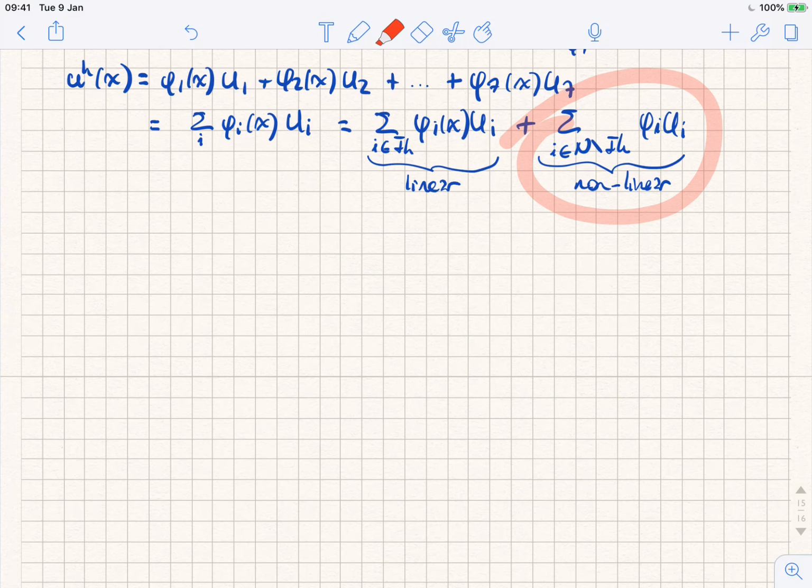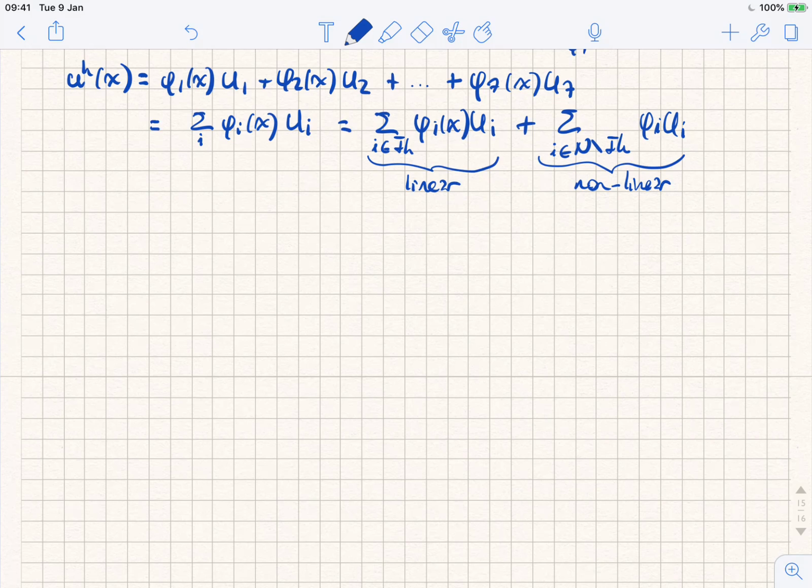You can think of it as adding something to an approximation that is going to help you reduce the error, and that is what we do in enriched finite element methods. What does the backslash mean? Yeah, it's a set minus. So here I'm saying I belongs to the set of all the nodes minus those that are the standard nodes.